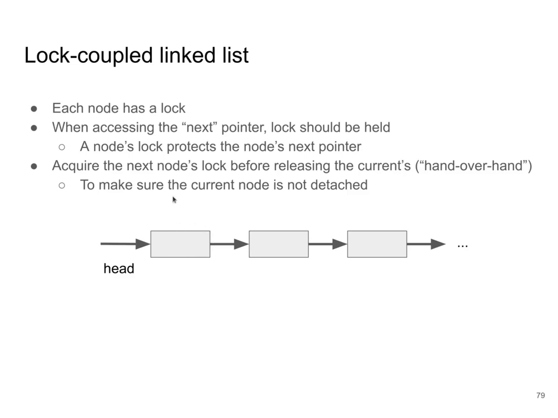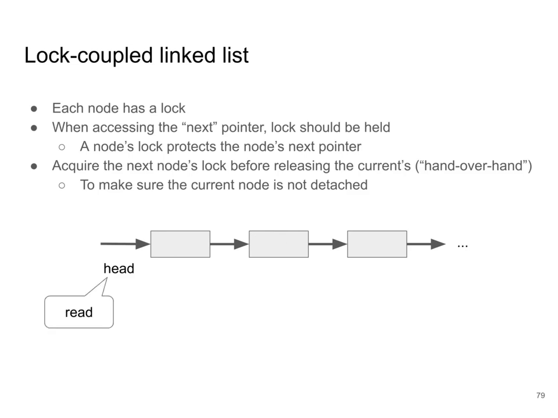And you need to guarantee that you acquire the next node's lock before releasing the current one. So if you want to traverse this linked list, you need to acquire the locks, and before releasing a lock here, you need to acquire the next node's lock. Here is an example.